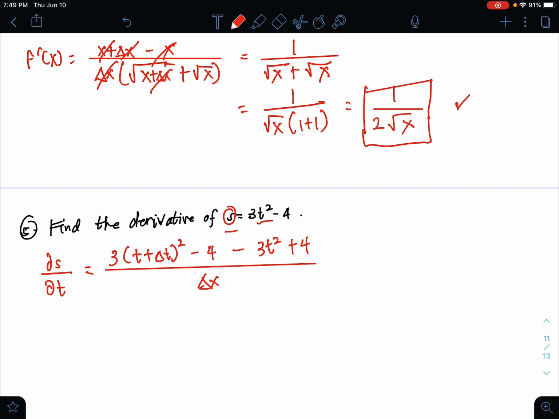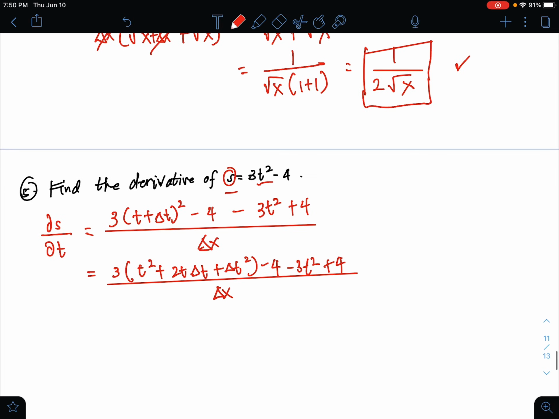Okay, so i-expand. T squared plus 2t delta t plus delta t squared minus 4 plus 4. Minus 4 minus 3t squared plus 4. Okay. So, over delta t. Makita na ito unsa pwede ma-cancel.